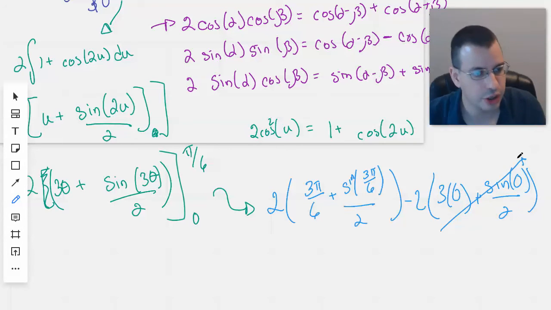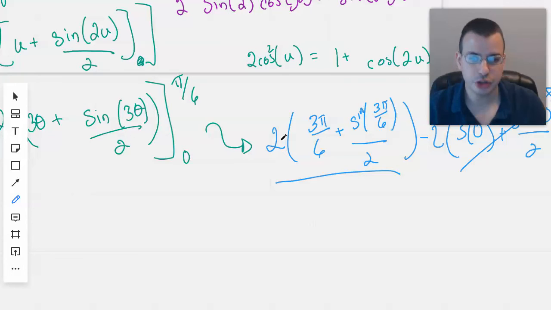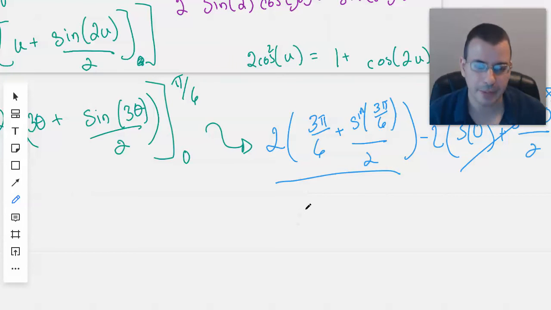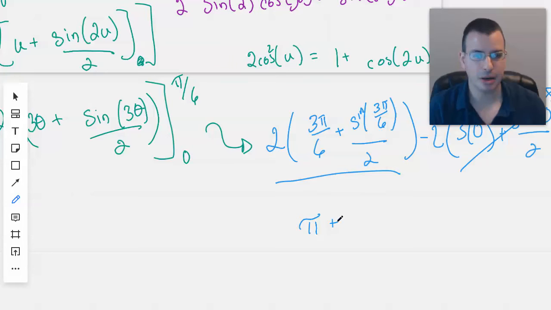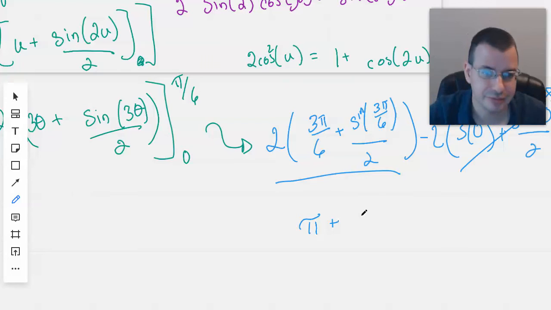So this would go away to 0. We're left with this, which is 6 pi over 6, which would be pi, plus sine of pi over 2, which is 1/2. Is it 1/2?